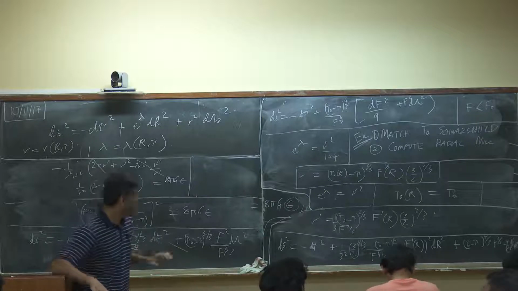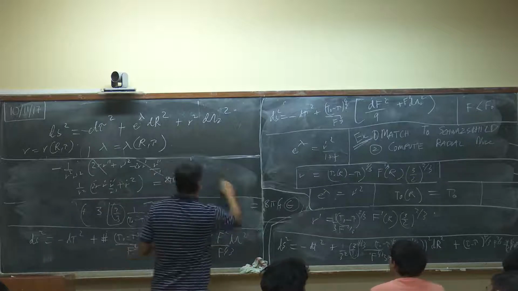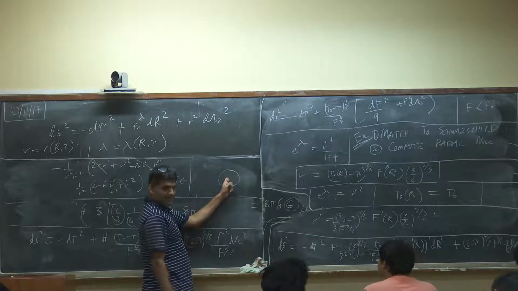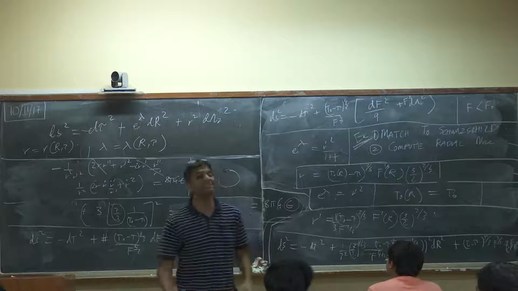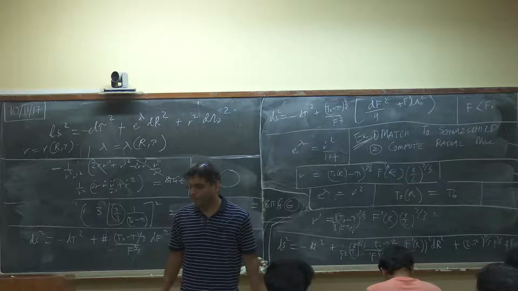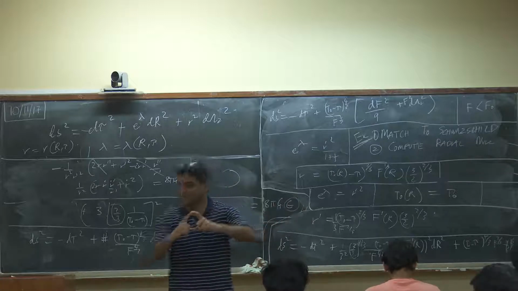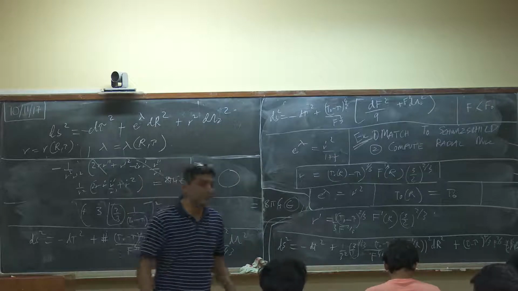In particular, by this matching, find the mass of the Schwarzschild. This matches with Schwarzschild geometry, but with which mass?